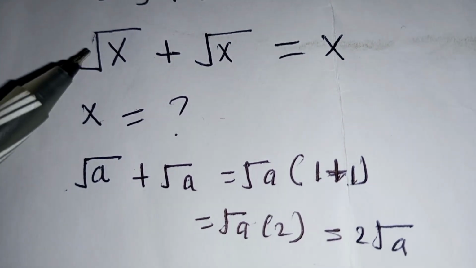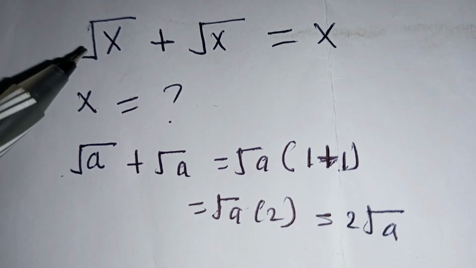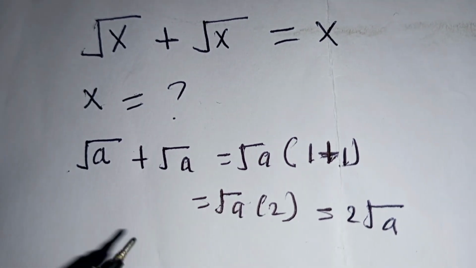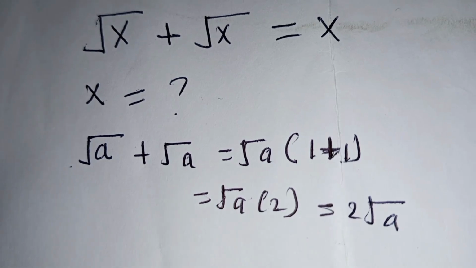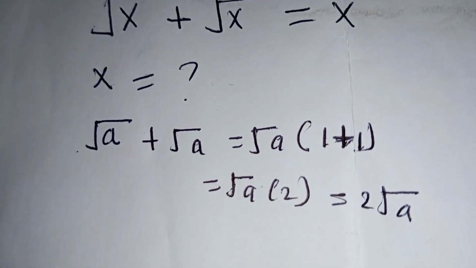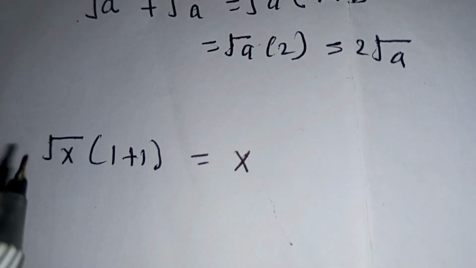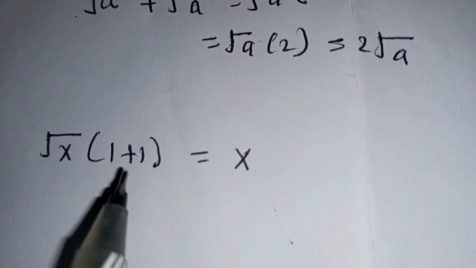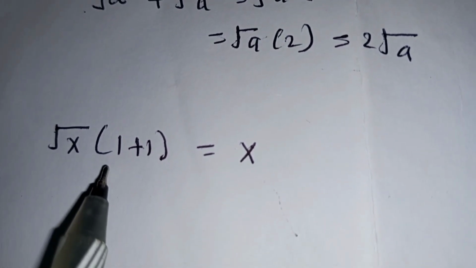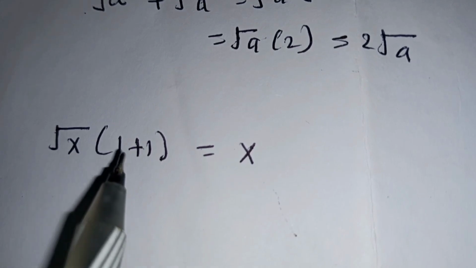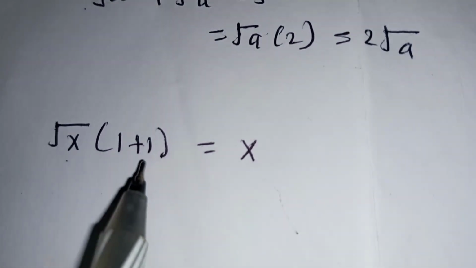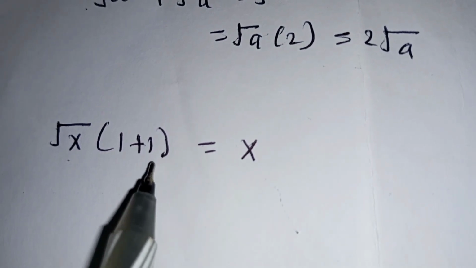2 can come in front of root, so we have 2 root of a. In our case here, our root is root x. Our a is x here, so we can factorize root x so that we'll be left with the 1 plus 1 on the left hand side as follows. Root x times 1 is root x, plus root x times 1 is root x, which is equal to x.